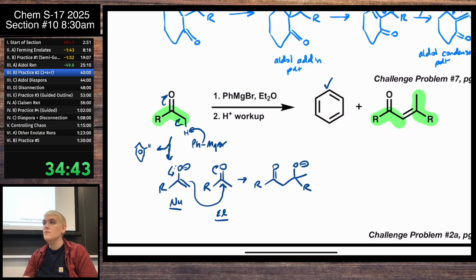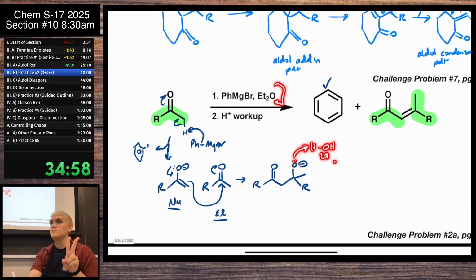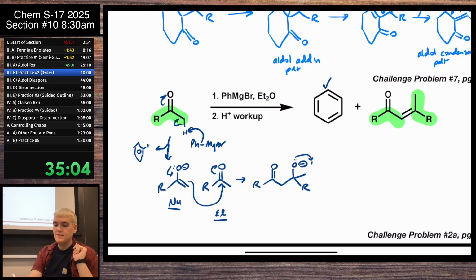Normally after this, you would get a hydrogen from water. But because we are in a Grignard, we don't have water, right? So this is the step where we move to step 2, which is acid workup. So we're going to do H+. We are now in step 2.